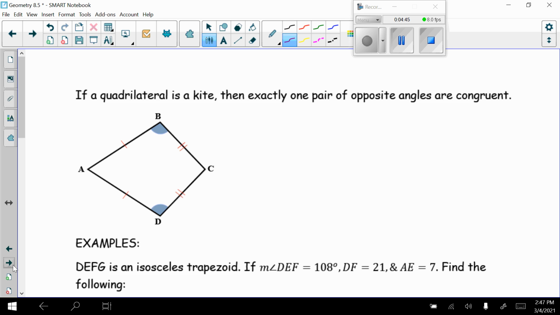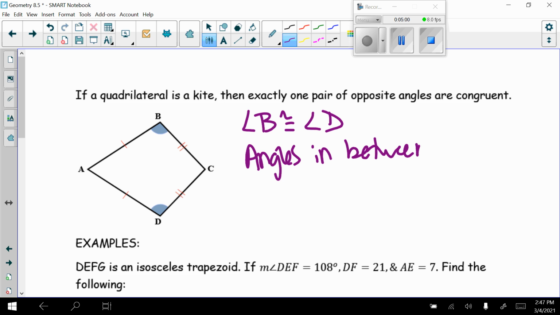And it matters which pair those are. So angle B is congruent to angle D. It will be the pair that's in between the non-congruent sides. So these sides are not congruent to each other, so that angle and the angle across from it will be congruent.